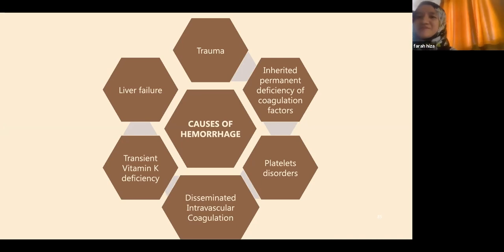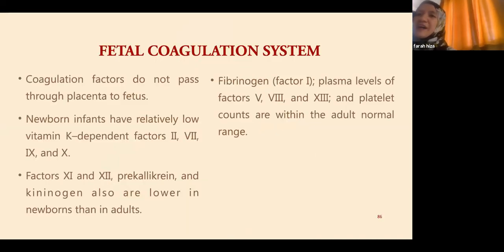Okay, next. So what actually happens during birth for the fetus, or before that, is that the coagulation factors naturally do not pass easily from the placenta to the fetus. So naturally newborns have relatively low factor 2, factor 7, factor 9 and factor 10.